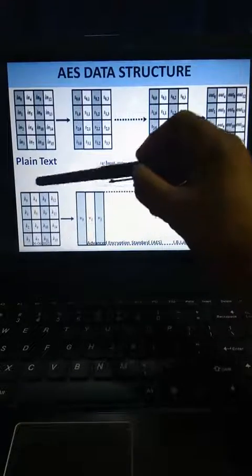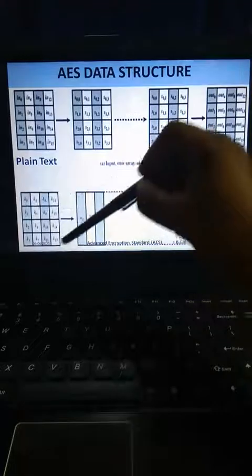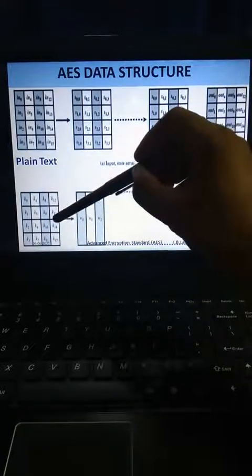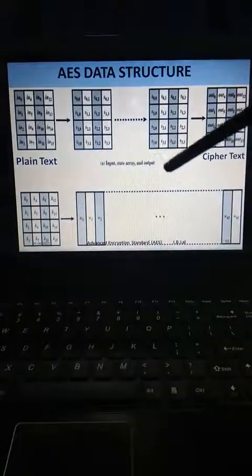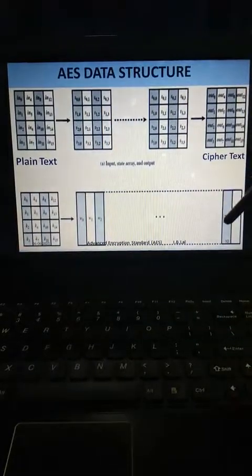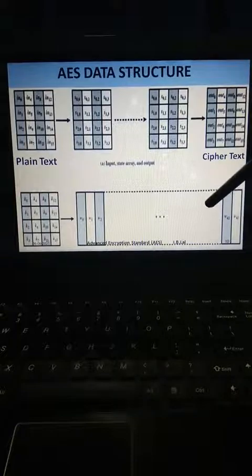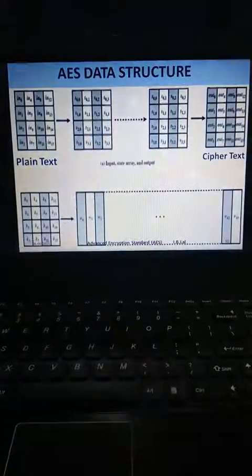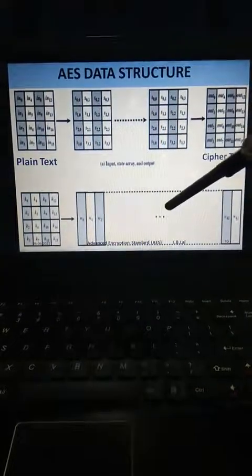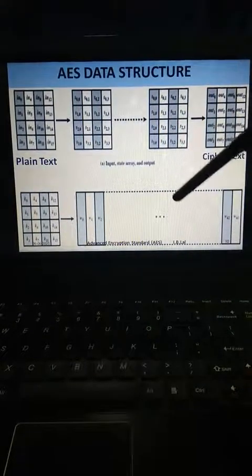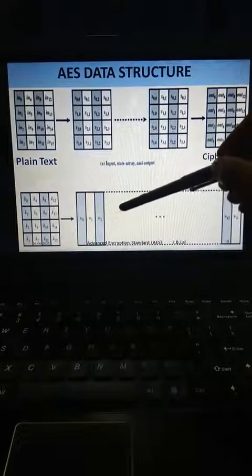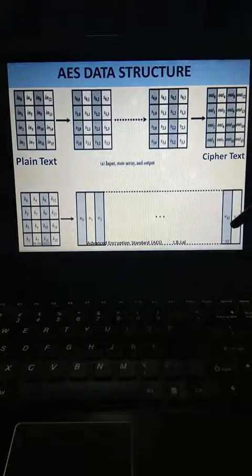Now this is the master key representation. From this master key of 128 bits, we extract 44 subkeys or 44 words, W0, W1, W2, W3, and so on up to W42 and W43.